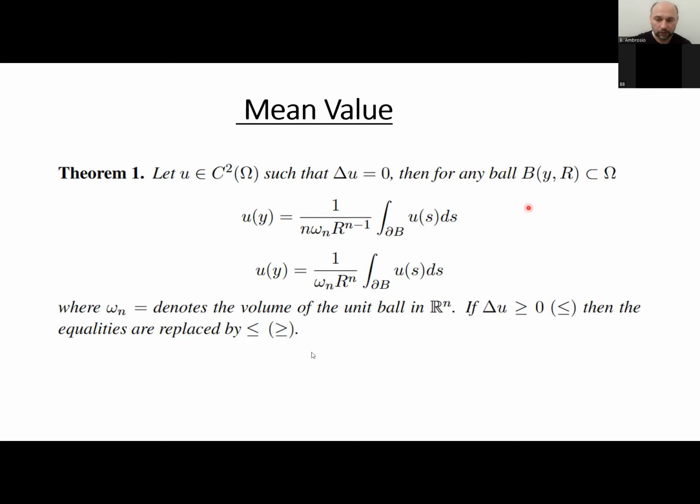So now to end the proof, we consider any open set which is strictly included in omega, and we choose x1 and x2 in the closure of omega prime such that u of x1 equals the sup of u and u of x2 equals the inf of u.